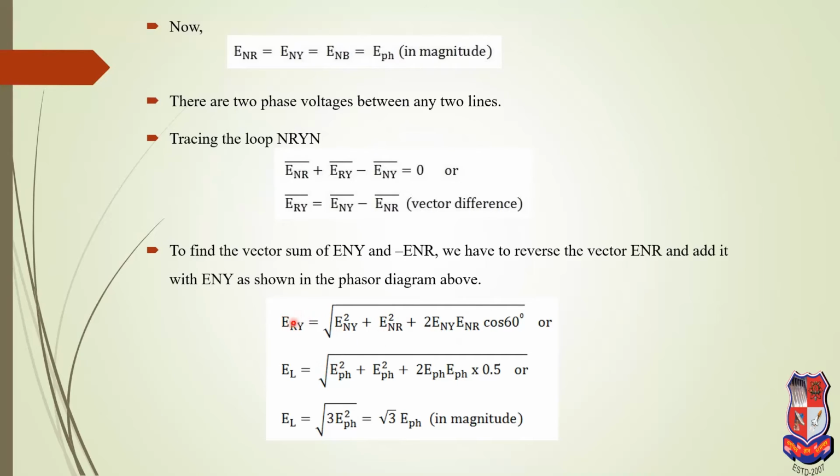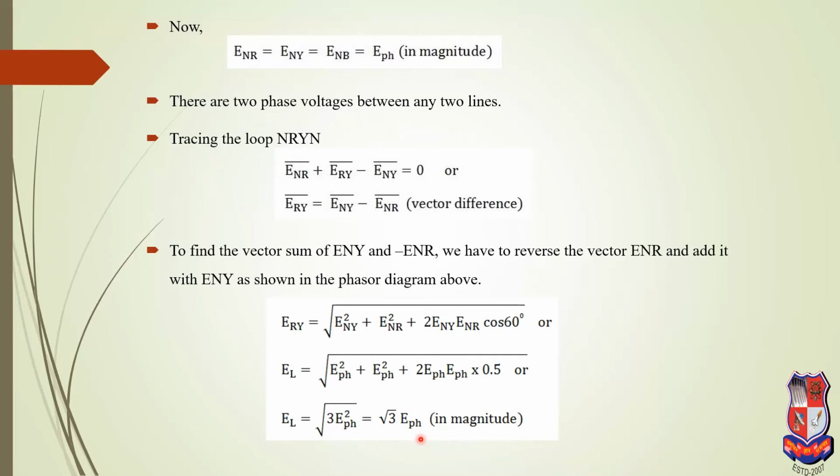This is the line voltage, so we can replace this term by EL, and ENY, ENR can be replaced by E phase. So we write E phase square plus E phase square plus 2 into E phase square into cos 60, that means 0.5. After simplification we finally get the equation under root 3 E phase square. So finally we get EL is equal to root 3 E phase.